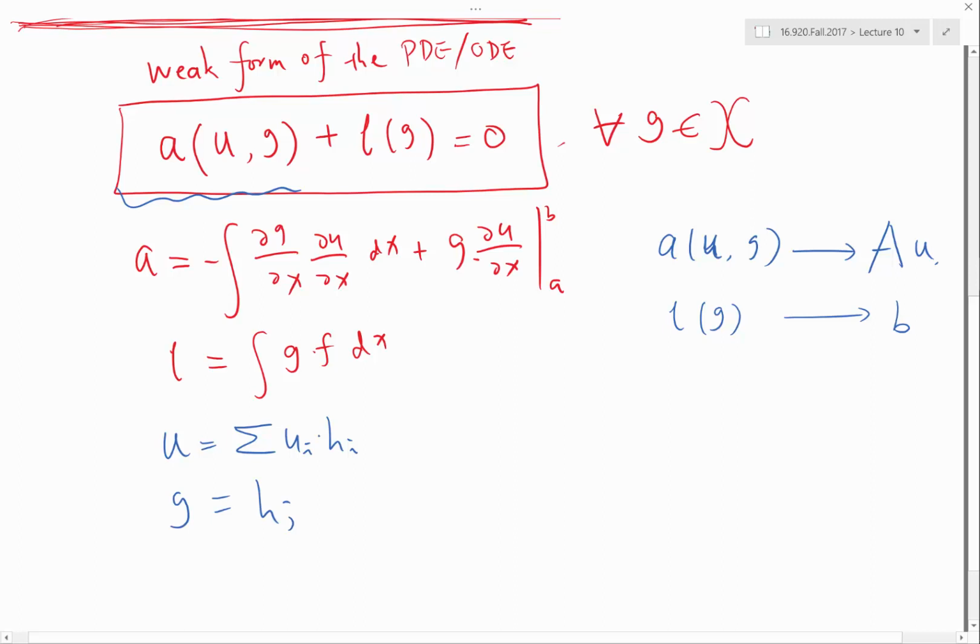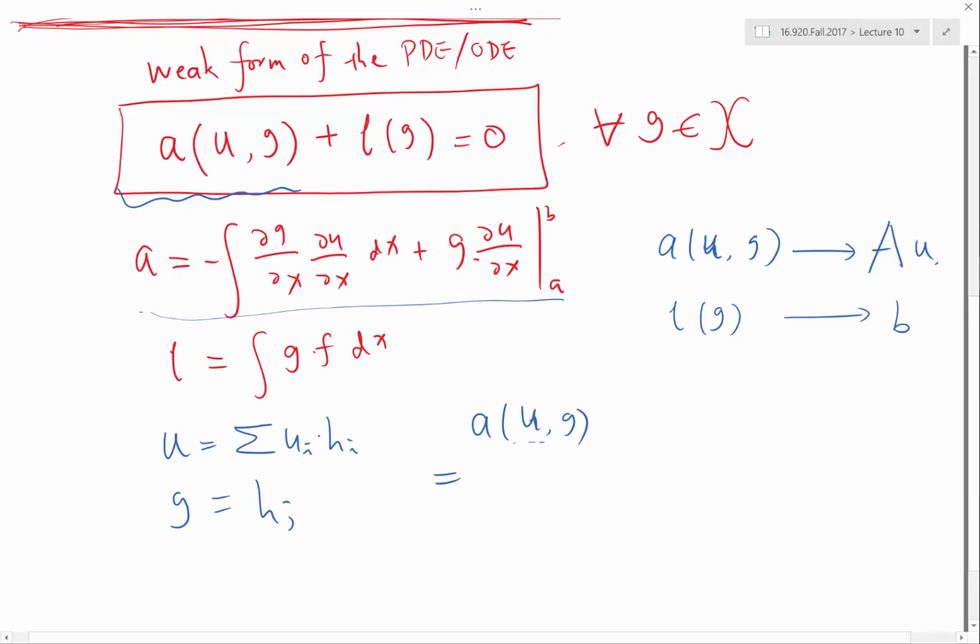So my A of UG is going to become, and by the way, if you look at the form, A is linear with respect to U, which means if I have U1 plus U2, my A of U1 plus U2 comma G is going to be equal to A of U1G plus A of U2G, right?